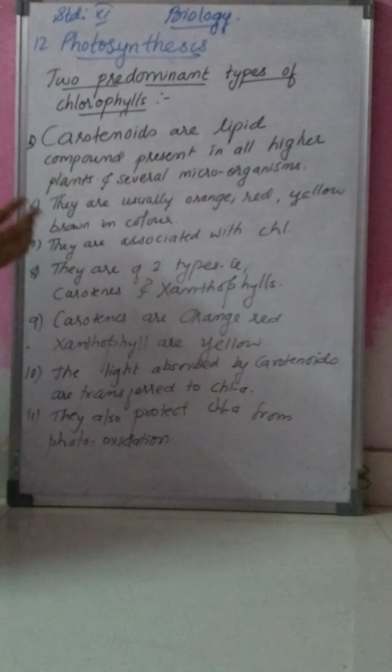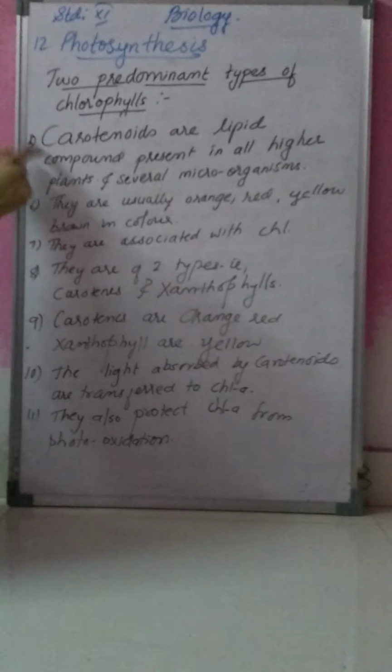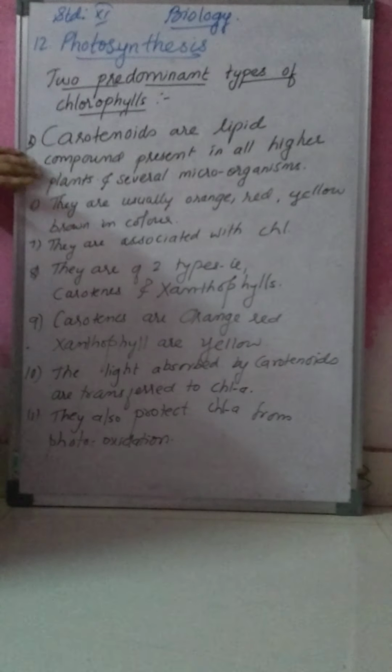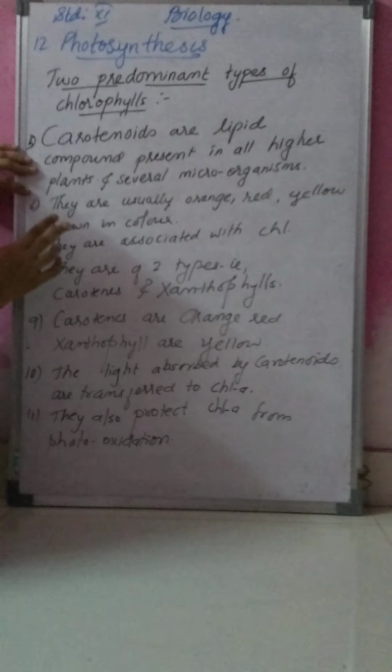Then other photosynthetic pigments besides chlorophyll are carotenoids. Besides chlorophyll A and chlorophyll B, the other photosynthetic pigments are carotenoids.